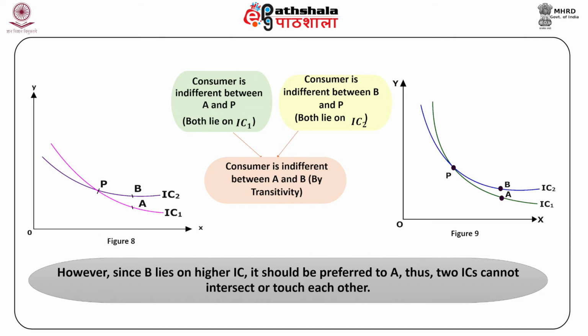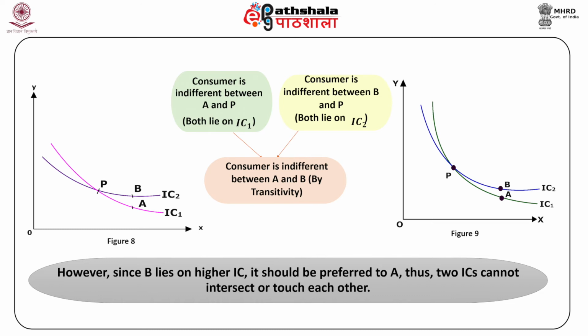Consumer will be indifferent between combination A and P since both are lying on the indifference curve IC1. Further, the combinations B and P will provide equal utility to the consumer as they both lie on the same indifference curve IC2.